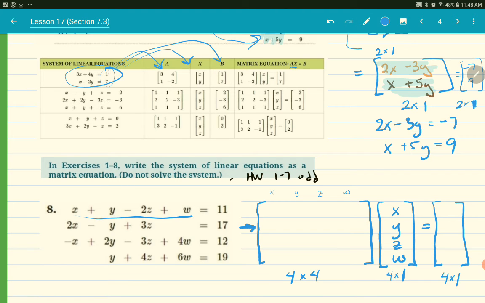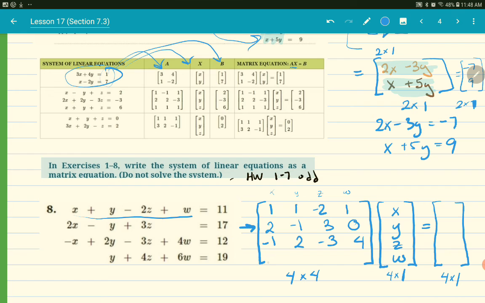My coefficients are a 1 in front of the x, a 1 in front of the y, -2 in front of the z, and a 1 in front of the w. On the next equation, we have 2, -1, 3. W is missing, so that means it has a 0 coefficient. In the third equation, we have -1, 2, -3, 4.